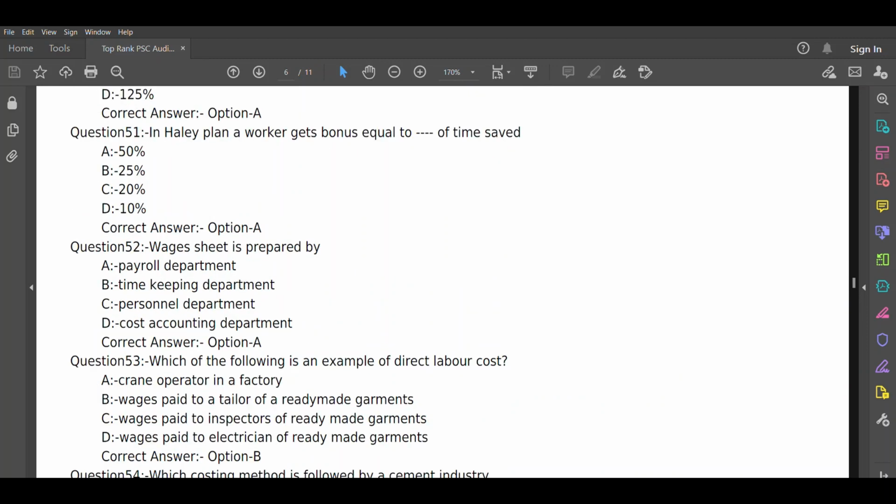In Halsey plan, a worker gets bonus equal to 50% of time saved. Wages sheet is prepared by the payroll department. Which of the following is an example of direct labor cost? Wages paid to a tailor of a ready-made garments.